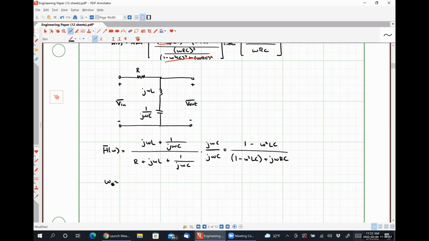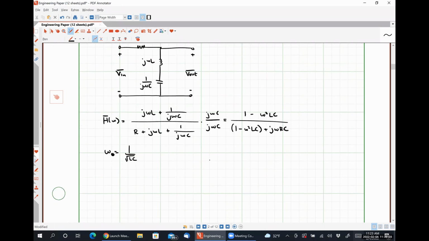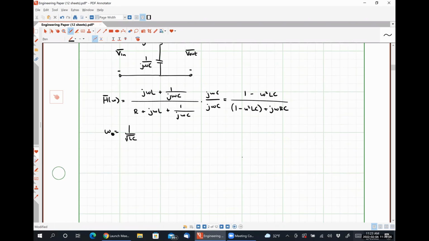So we have the exact same omega naught, 1 over root LC. We can now break this down into its constituent real and imaginary parts by once again multiplying by the complex conjugate of the denominator over the complex conjugate of the denominator.